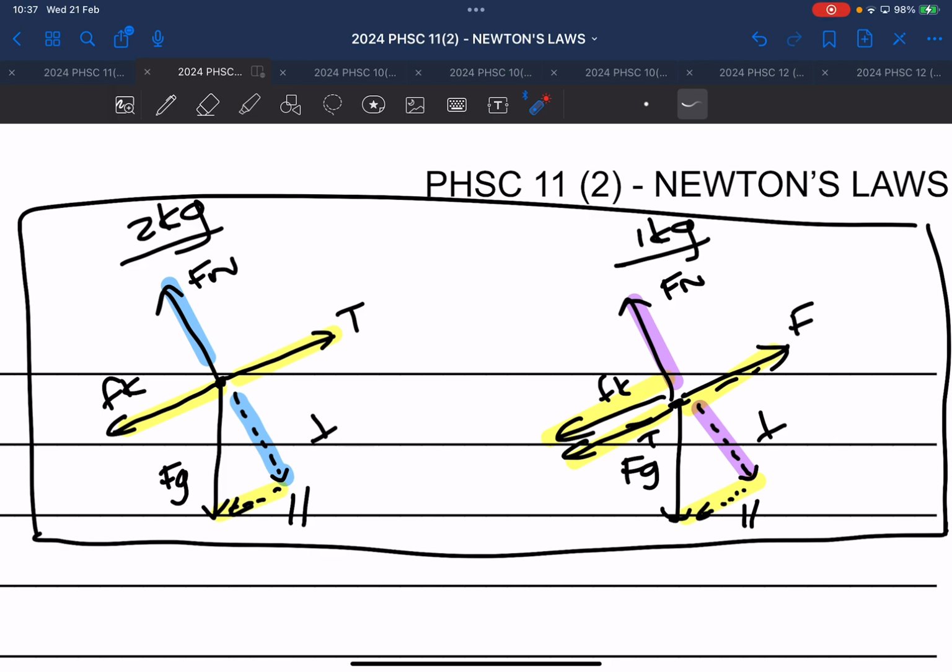Okay, and there's something else that I say. Ona, is this FK the same as this FK? Same size, magnitude? Sure. If this is 10, then this is 10.